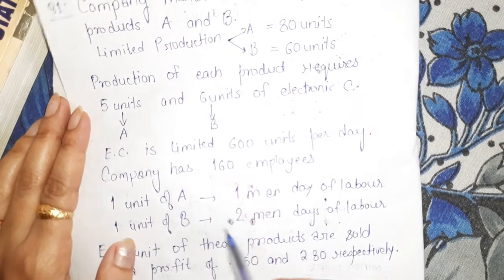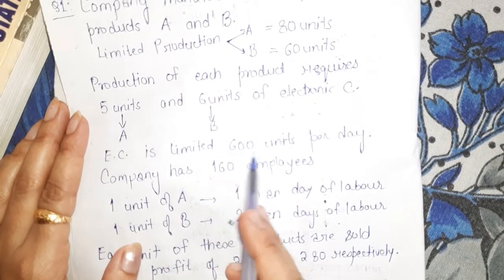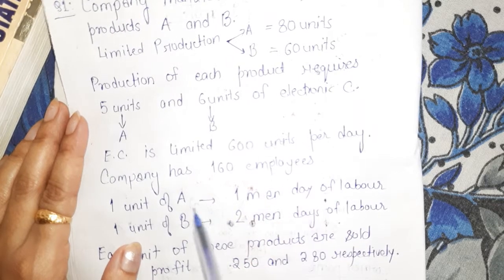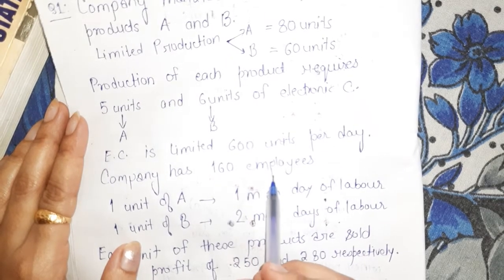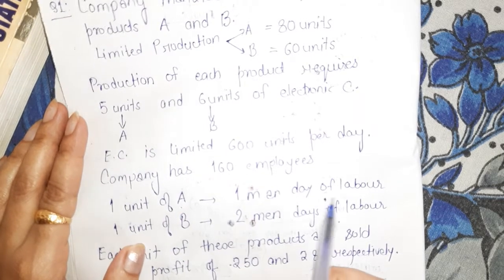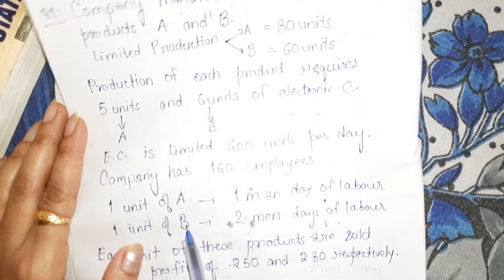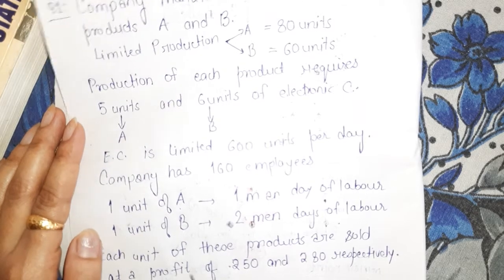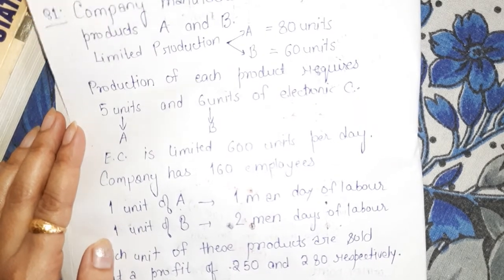And electronic components are limited to 600 units per day, and the company has 160 employees, and 1 unit of product A requires 1 man day of labor, and 1 unit of product B requires 2 man days of labor. Now you have to calculate the maximum profit.